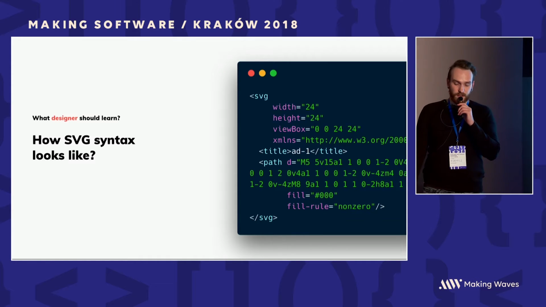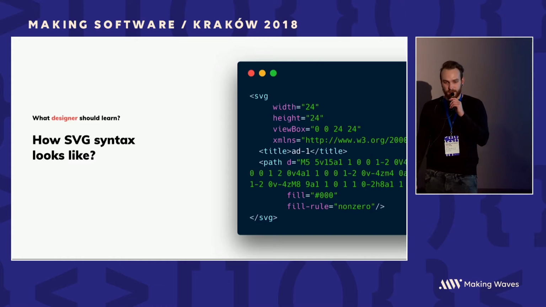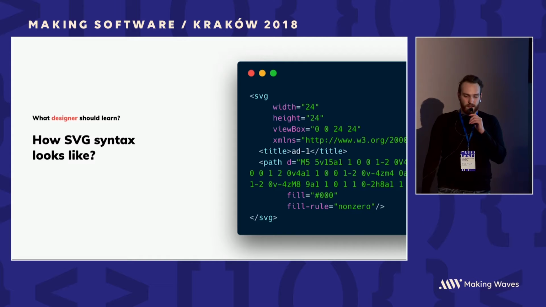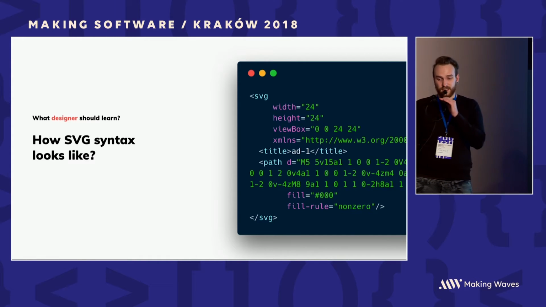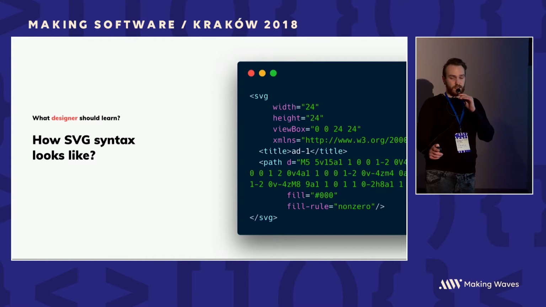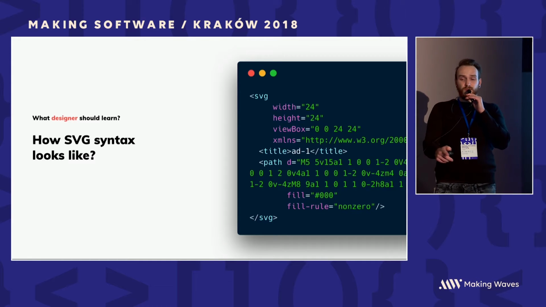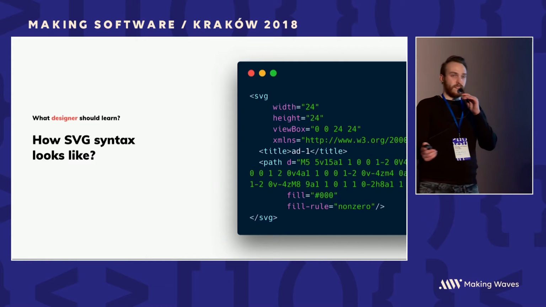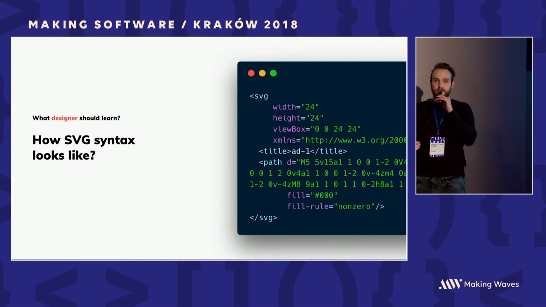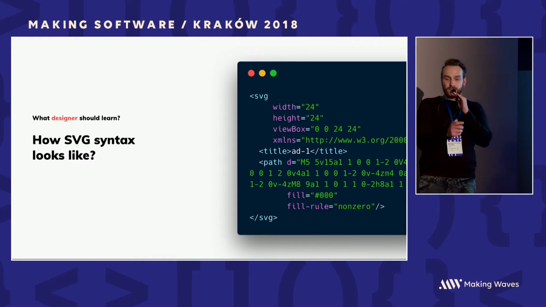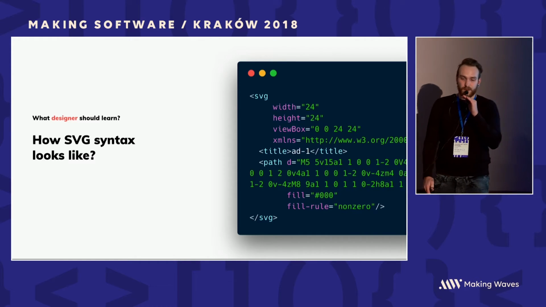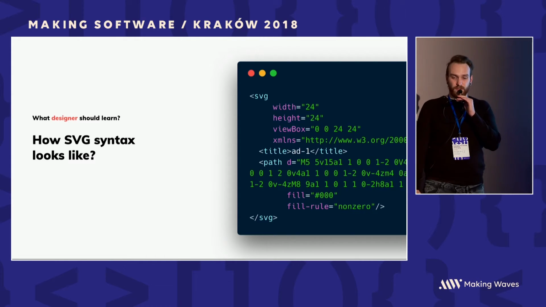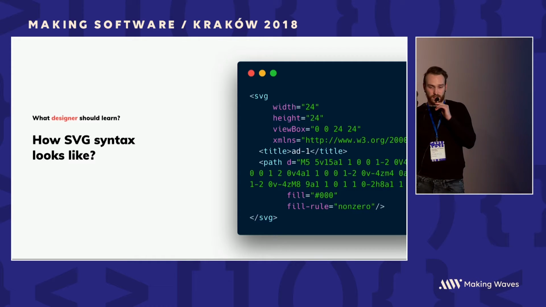If the designer knows some basics, like what exactly it means or basically how it works, it will be very helpful, because you can just ask the designer, all right, can you provide me icons which will have no fill, because I will just do it in CSS. And basically they will say, all right, no fill, and it's white because the background in Illustrator is white. So the basics of SVG, the same as CSS or HTML, will be a lot of help for the next work with these files.